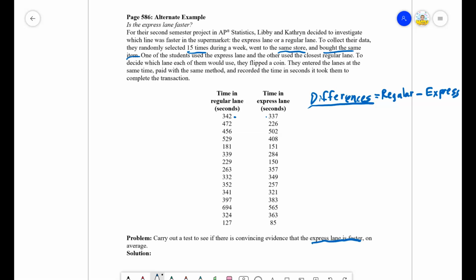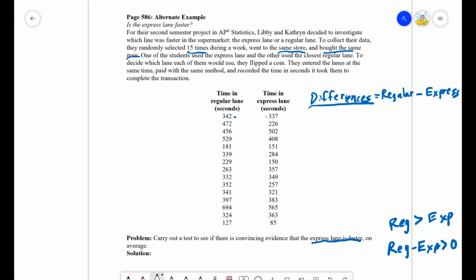So if I do regular minus express and express is faster, then I'd expect the regular to take longer than the express. These are the amount of time they spent. Okay, so my regular minus express, this is going to be really important in formulating our alternate hypothesis. I'm going to expect this to be greater than 0. If I did express minus regular, I'd need that alternate to be less than 0. We want to pay attention to that right away.